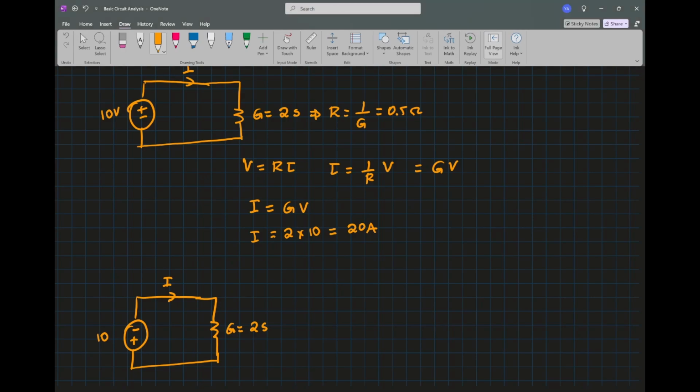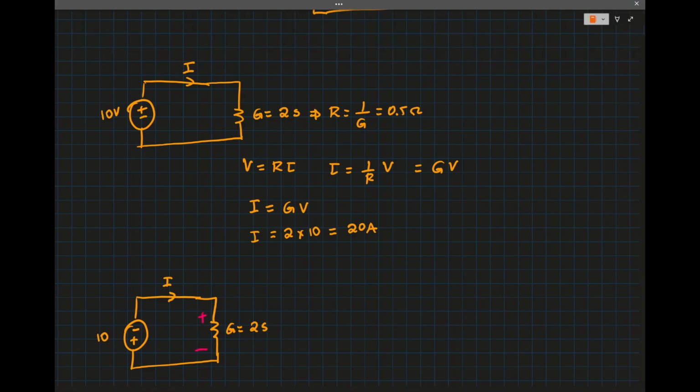And then for a resistor, we label the voltage. So when you have a resistor, we have V and we have I. Okay, so this is V. In this case, as you can see, V is negative Ri.